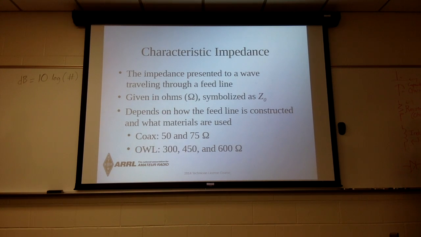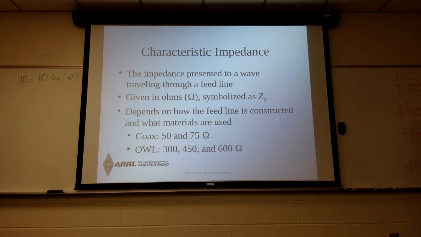The characteristic impedance of a feed line is very important, because your radio is generally meant for 50 ohms, a 50 ohm impedance. And coax is already 50 ohms, or 75 ohms. The ones you would use are 50 ohms, so you can just plug it straight in. If you're going to use open wire line, that's usually 300 ohms or 450 ohms or 600 ohms.